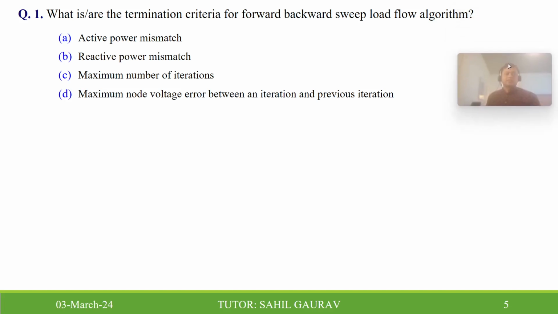Now coming to the problems. This is the first problem. What are the termination criteria for the forward backward sweep load flow algorithm? The options are: A, active power mismatch; B, reactive power mismatch; C, maximum number of iterations; and D, maximum node voltage error between an iteration and the previous iteration.